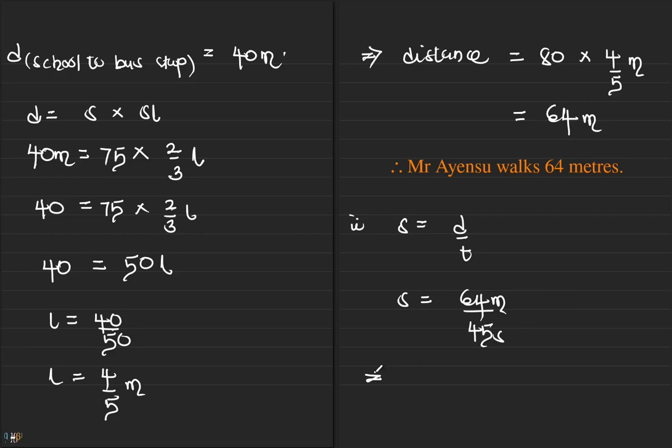But to change it into kilometers per hour, as we said initially, we are going to multiply what we have here, which is 64 over 45, by 3.6. And 3.6 is simply 36 over 10. If you evaluate this, we'll get the velocity in kilometers per hour.